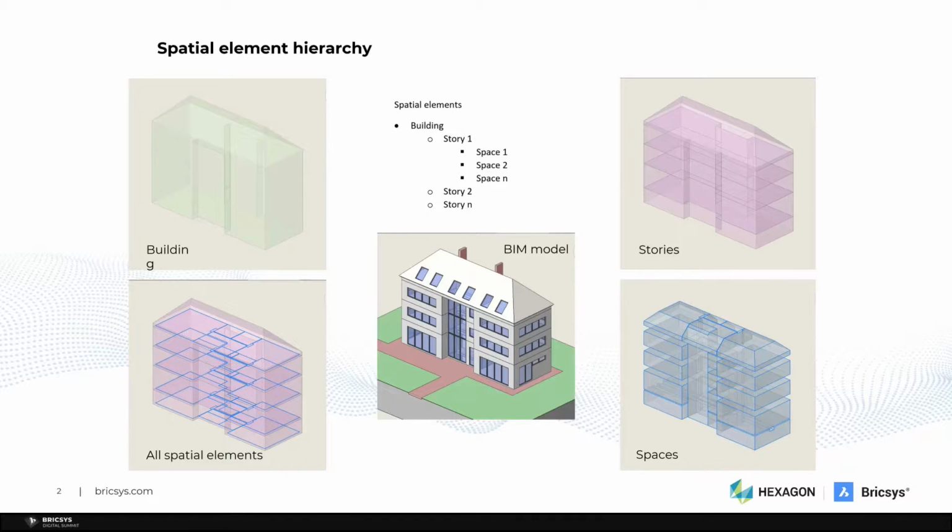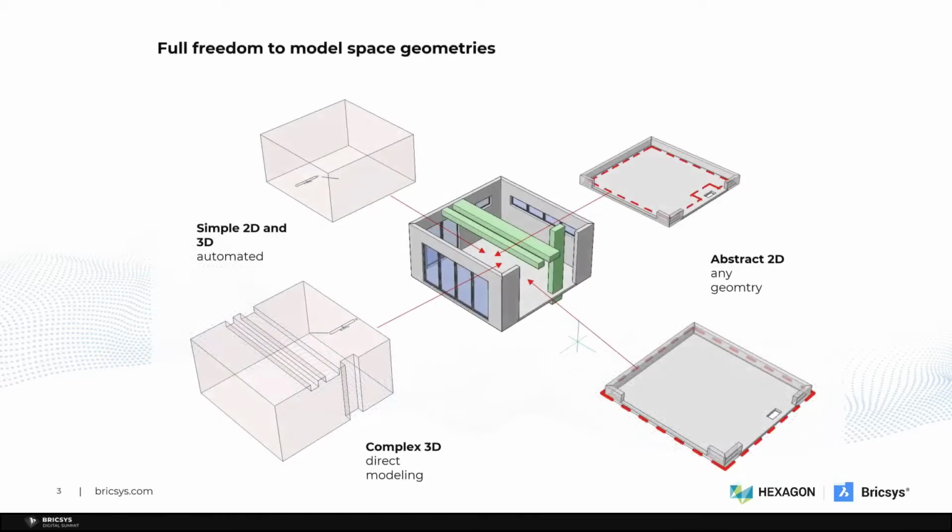So what are the benefits of this approach? First of all, we have full freedom to model spatial geometries, just like we have full freedom to model any building element in BricsCAD BIM.